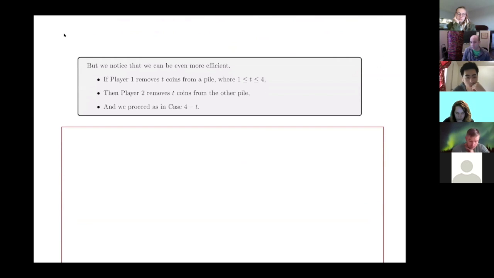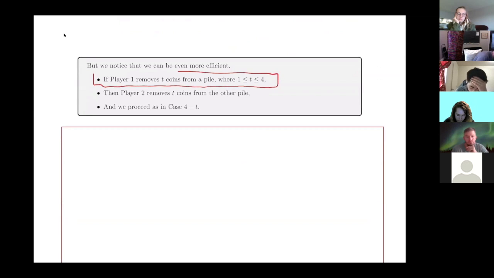So let's see how we can state this more succinctly. Now we're getting at the goal. We've picked up on a pattern. Here we're just thinking about the case for n equal to 4. Player 1 can remove 1, 2, 3, or 4 coins if they want.